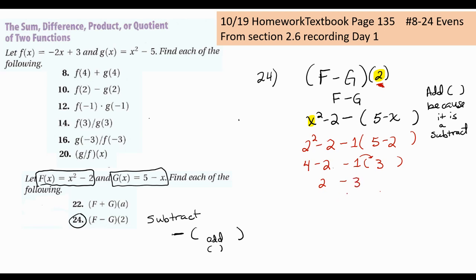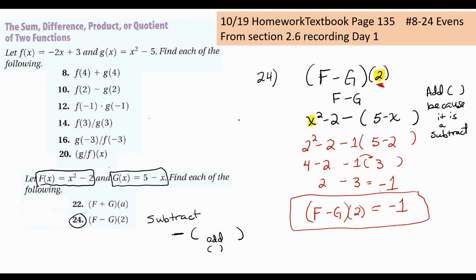And 2 minus 3 equals negative 1. So f minus g function evaluated at 2 equals negative 1 as a final answer. You can take a picture if you need to.